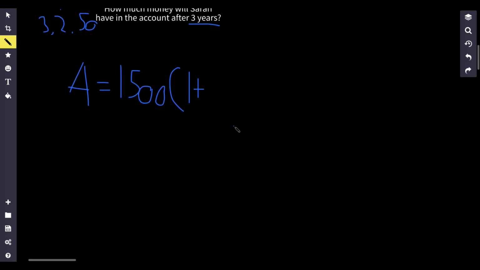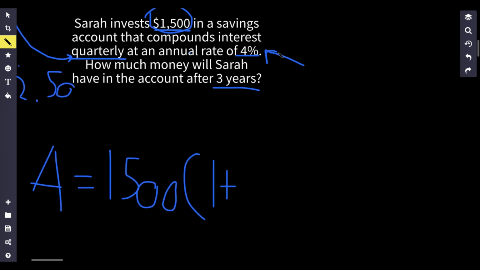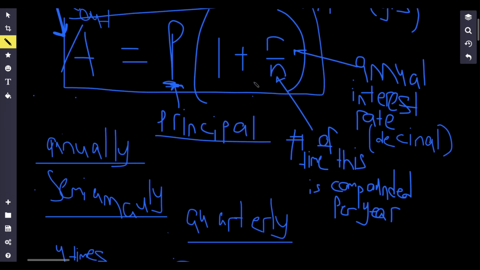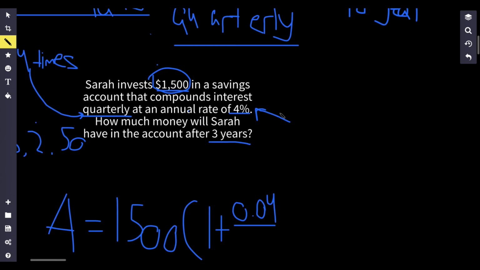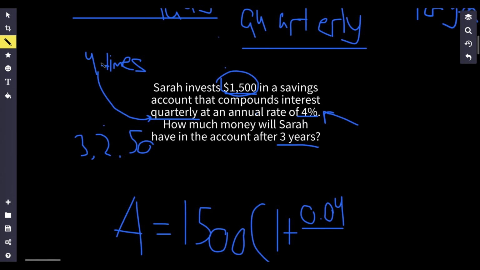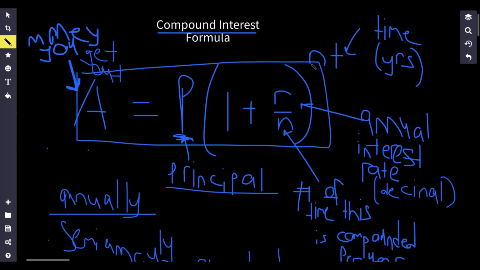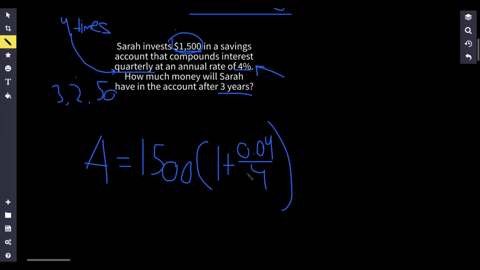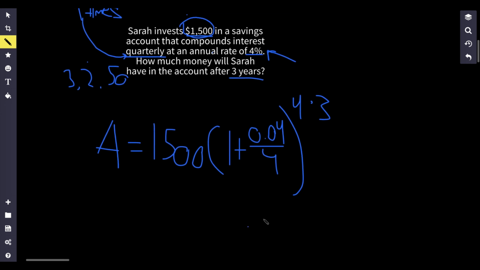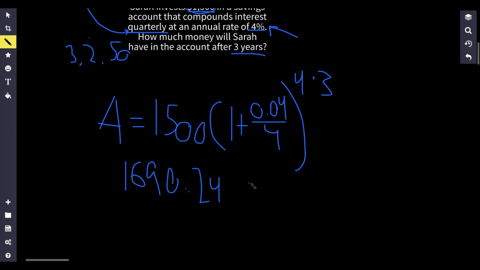In this case, it's 4%, but make sure to write that as a decimal, so 0.04, divided by the number of times this is compounded per year. Our problem says quarterly, so it's 4 times per year. And this is going to be raised to the NT power. So N, we know that's still 4, and the time in years is 3, right? Now, all we have to do is plug this in. And that is how much money she gets out.